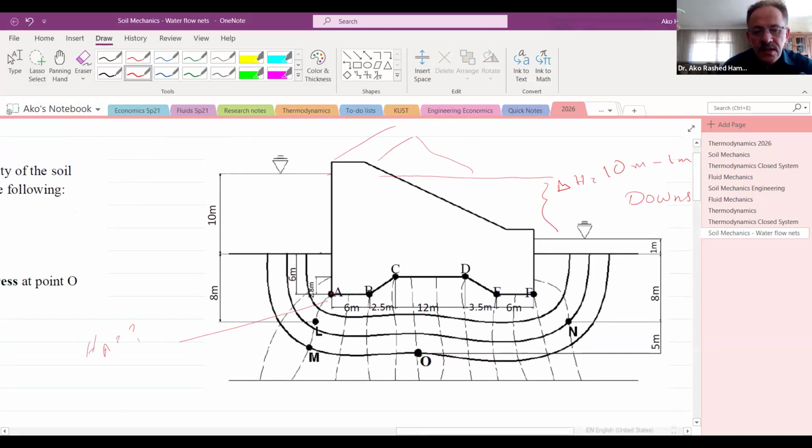We know that again, this X. How much is the depth of water on the X? HX is 10 meter, right? Now for A, it's usually HA equals HX minus the number of drops again at A.